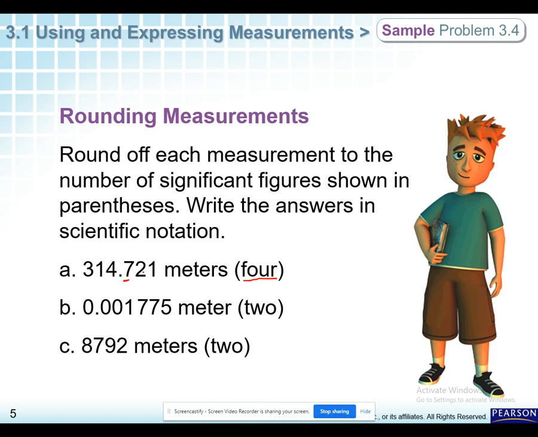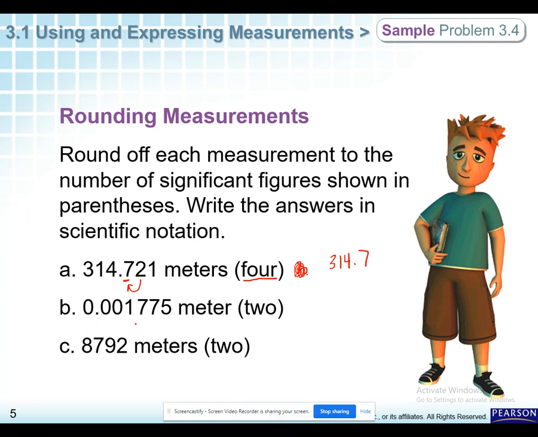So what you want to do is look at the digit right behind it. So can this 2 round up the 7? Since it is less than 5, it cannot. So 314.7, since it's less than 5, it stays the same, is your answer.